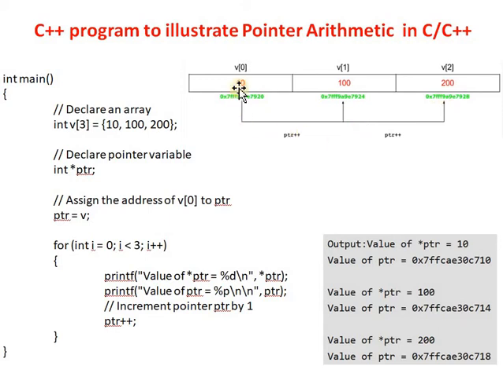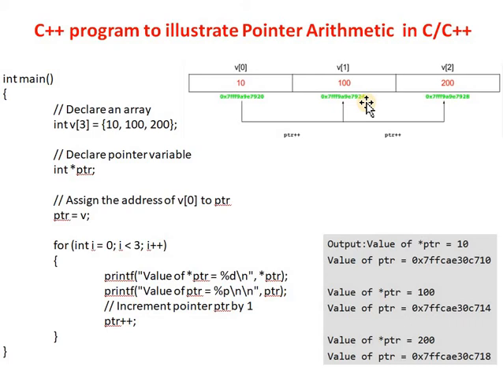While you are storing data or any value in memory, an address is assigned to that particular memory location. Here the 0th element of the array is stored at location 7920. Then the second element, that means the value 100, is stored at location 7924.